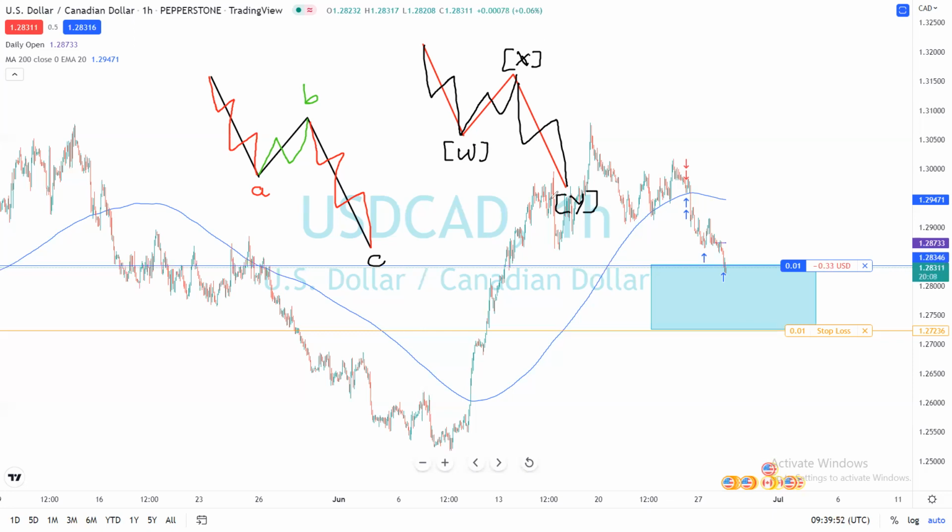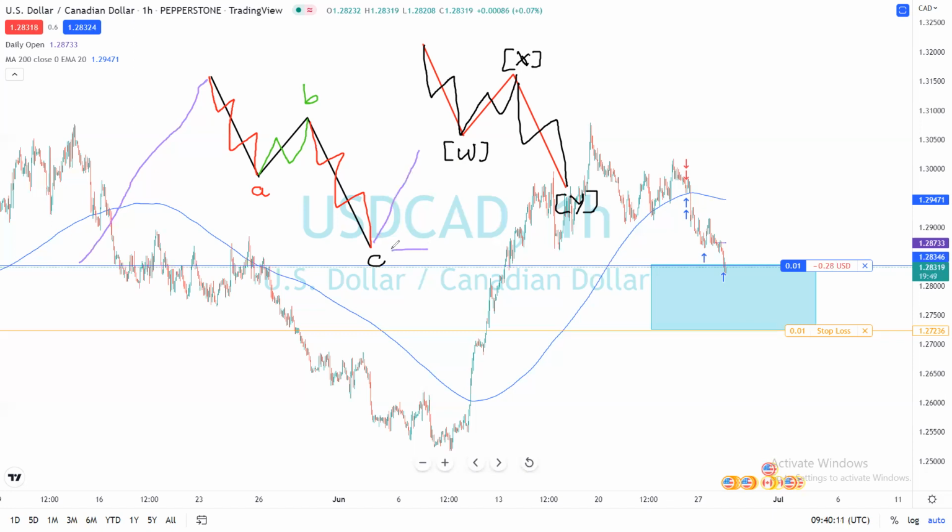Okay, so the important thing to note here, how we can use this to trade, is that we know we have an impulse, then this correction. After this correction completes, we should expect another impulse.